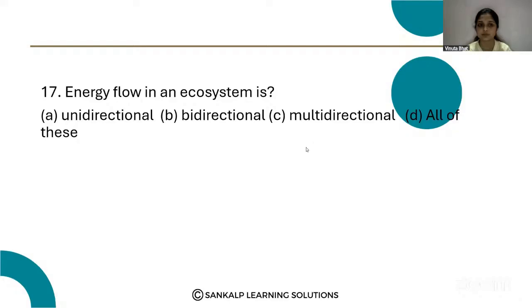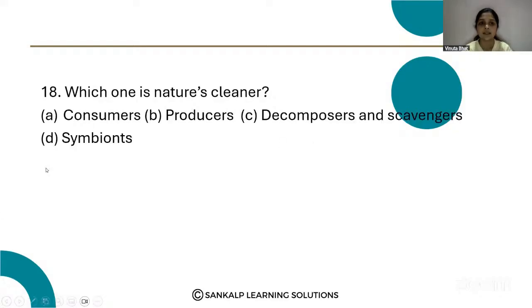Then question number 18. Which one is nature's cleaner? Option A, consumers, option B, producers, option C, decomposers and scavengers, option D, symbionts. Consumers directly depend on the plants, so they are not called cleaners of nature.